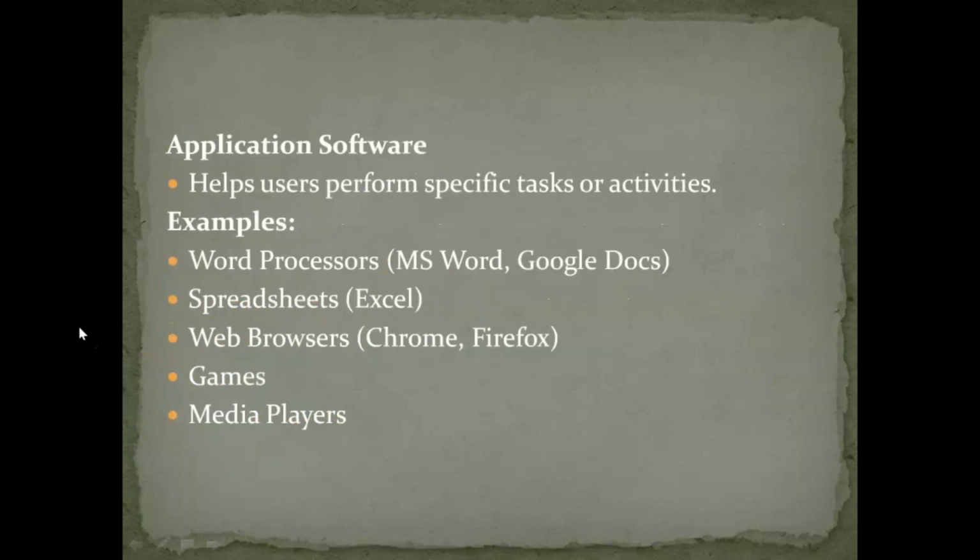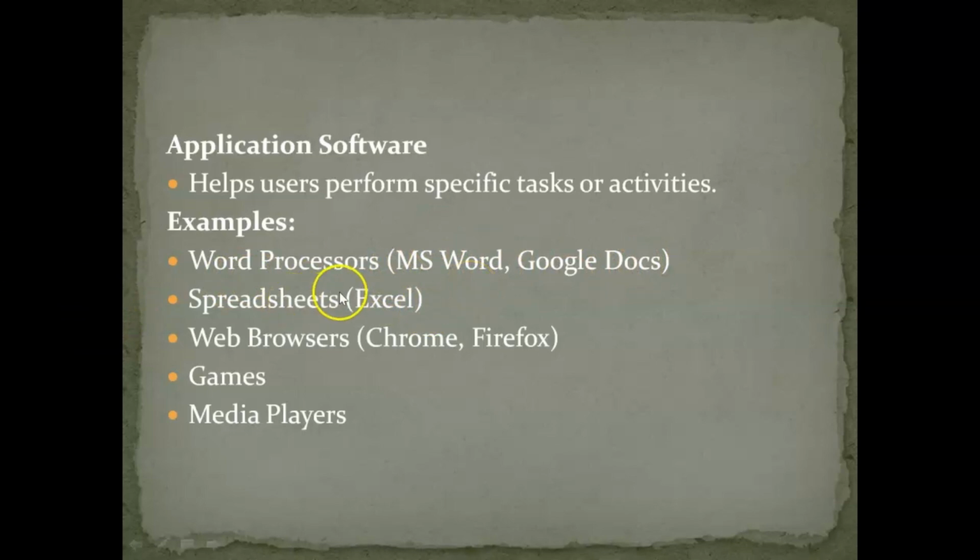One is application software. How it is different from system software is that it is used for performing a particular task. For what it is designed, that process it will do. For example, word processors. Examples of word processors are MS Word, Google Docs. These are used for preparing documents.